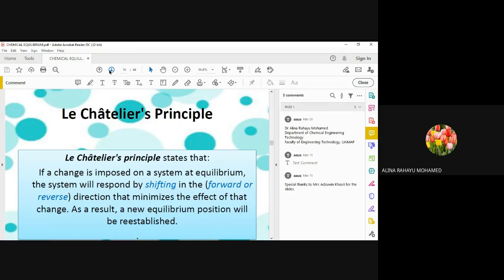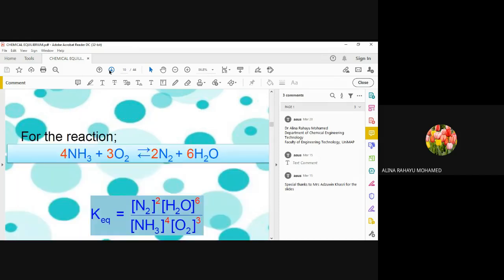If we make some change to the reaction mixture, the equilibrium will move either to the left or to the right to reduce the effect of that change, and because of that, a new equilibrium is re-established.